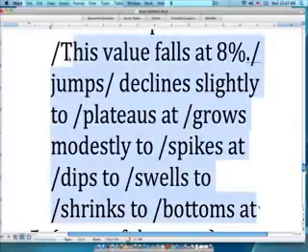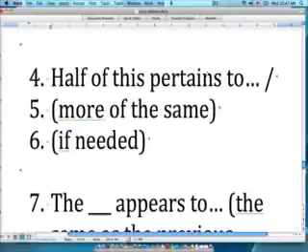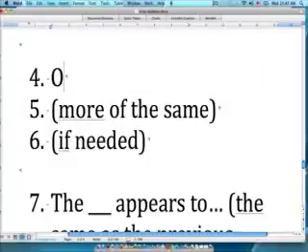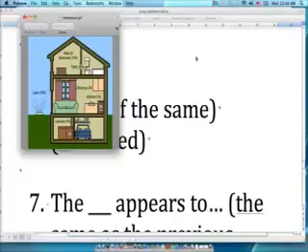Now let's go back to our sentence here, and we were going to write about the bathroom value and how that can be split into two different sections as well. So half of this pertains to, I'm just going to change this a little bit. Let's say over, the value for the toilet was 26%, if I'm not mistaken here, 26%.